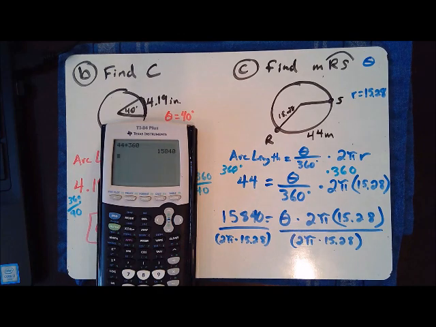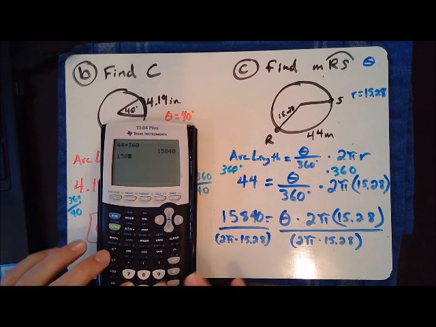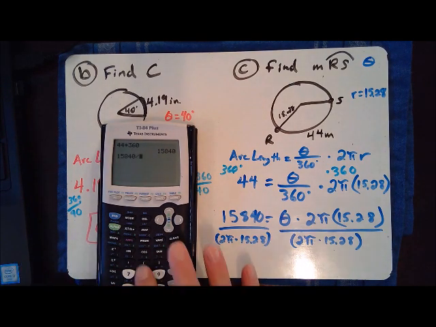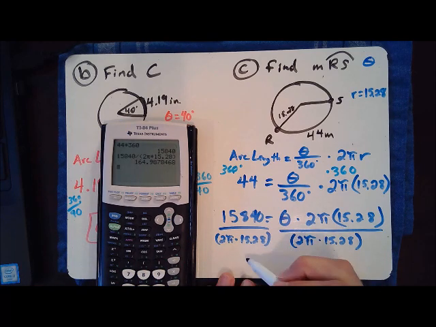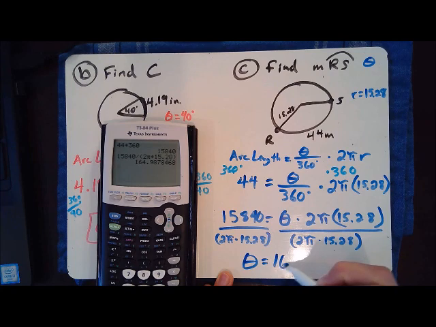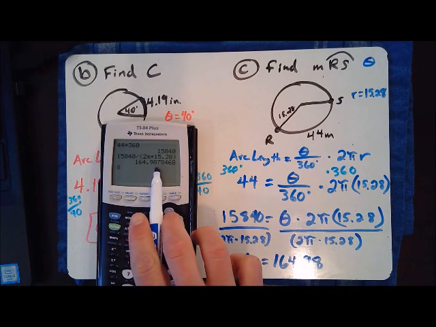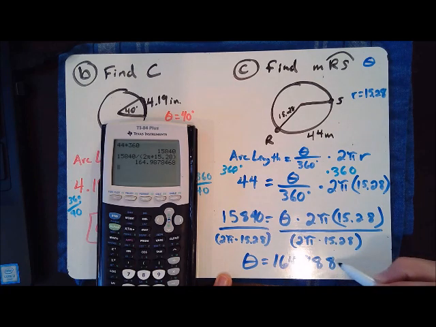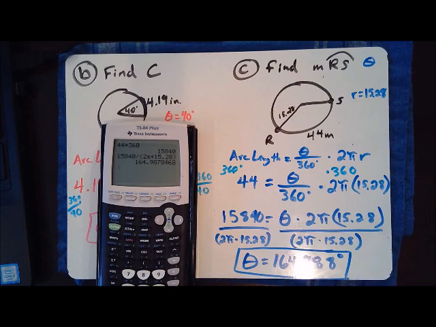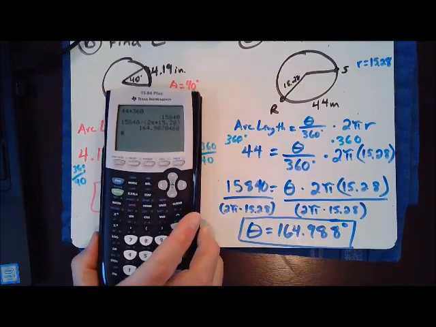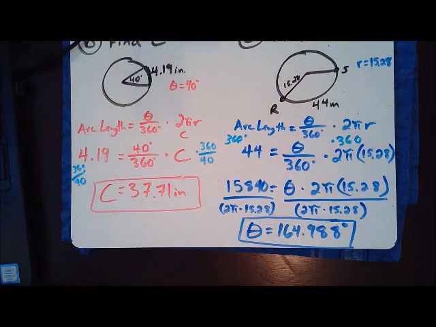Take that whole number, 15,840, and divide it by, in parentheses, that whole thing. So the final answer, theta, is 164.98. That 7 there is going to bump up to an 8, so 164.98 degrees, because we're talking about an arc measure. And that is using our arc length formula.